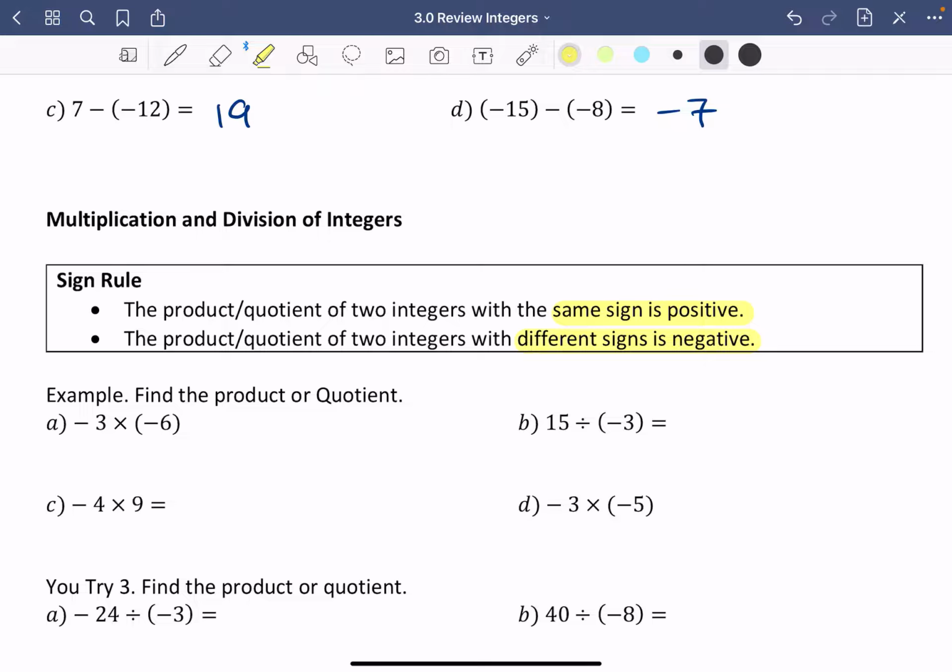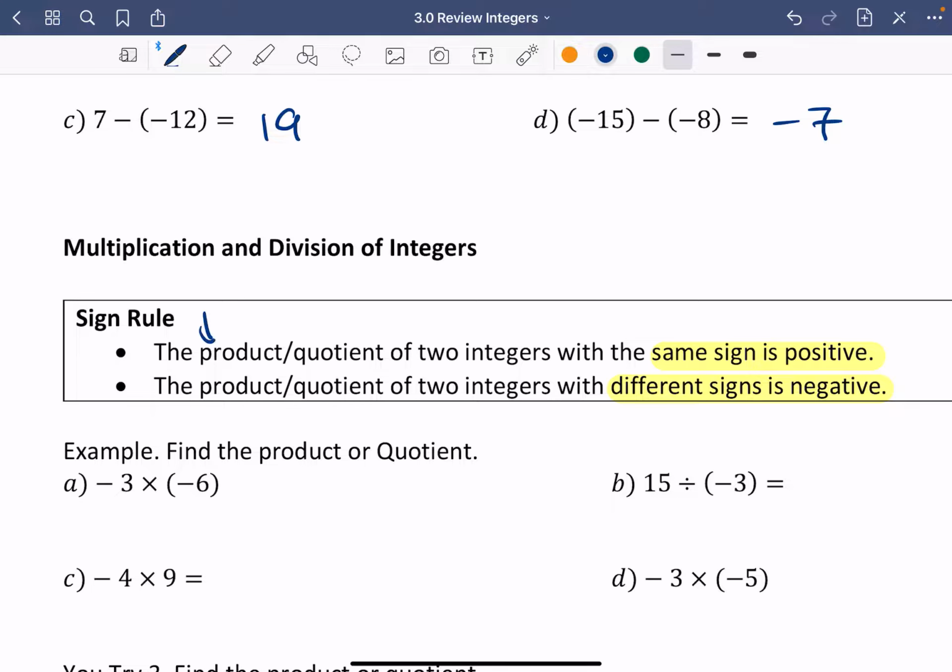And so what does product and quotient mean? Well, product is the answer to a multiplication question. And then quotient is the answer to a division question.